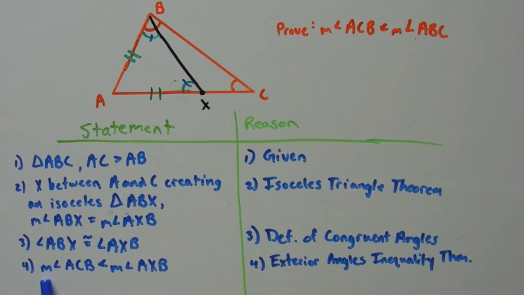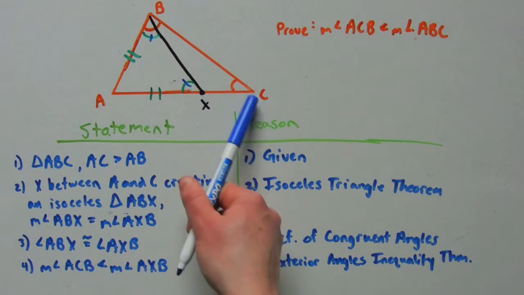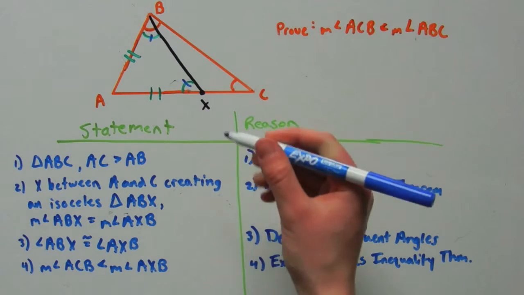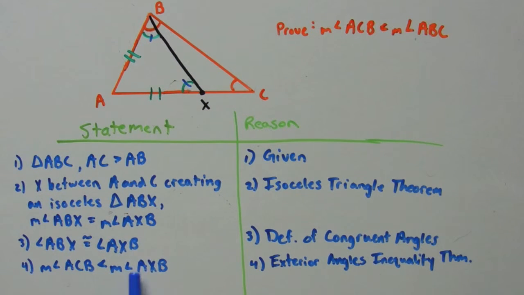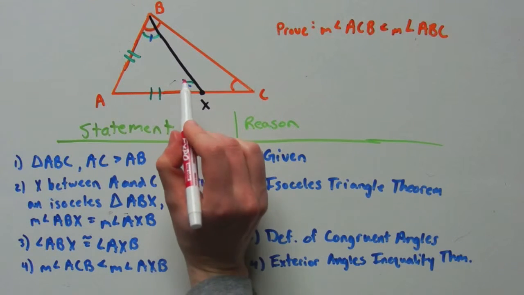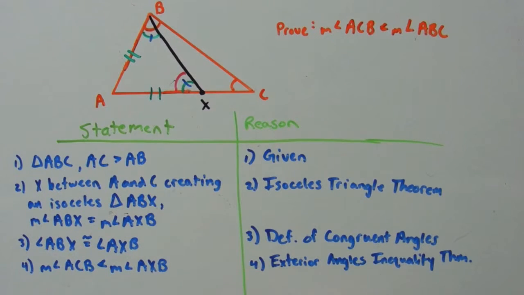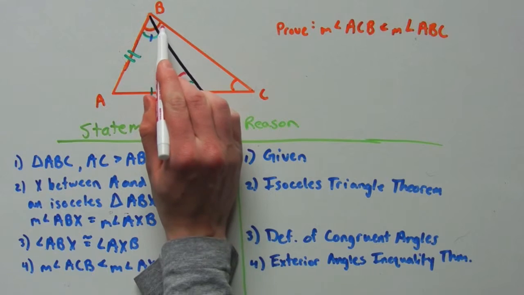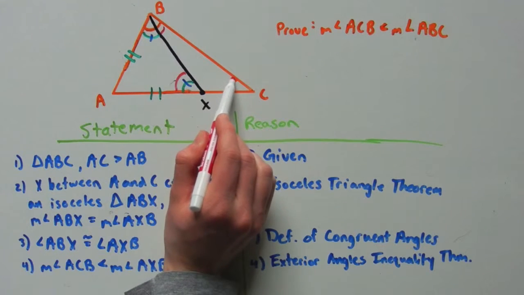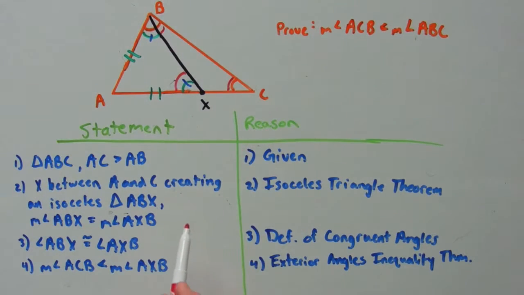I can also say that the measure of angle ACB is less than the measure of angle AXB. Look at angle AXB as an exterior angle. We know by the exterior angle inequality theorem that an exterior angle is larger than either of the remote interior angles.